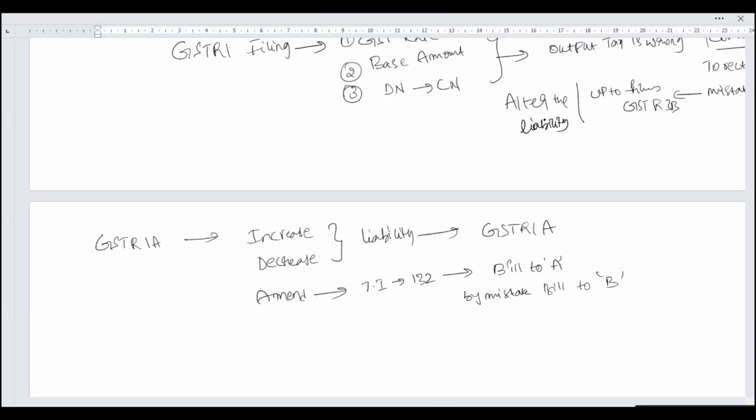Instead of the credit going to A, it has gone to B. Now for this, they say GSTR 1A is not the window. You do the correction in the subsequent month's GSTR 1.